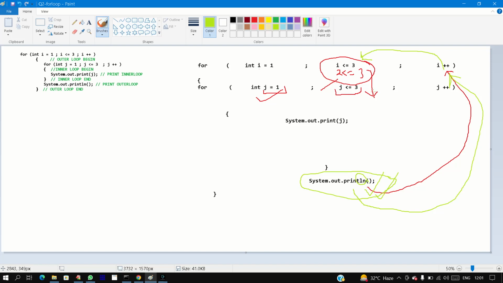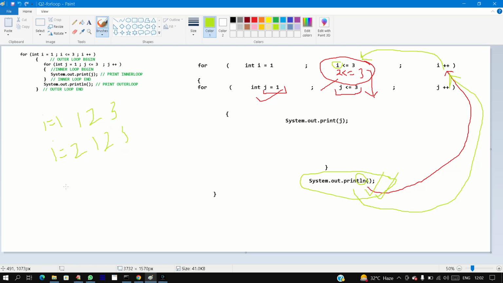Previously, for the previous iteration, I was 1, when in the first line we got 1, 2, 3 from J. In the second iteration this I was 2, when we got the output for J as 1, 2 and 3 again.